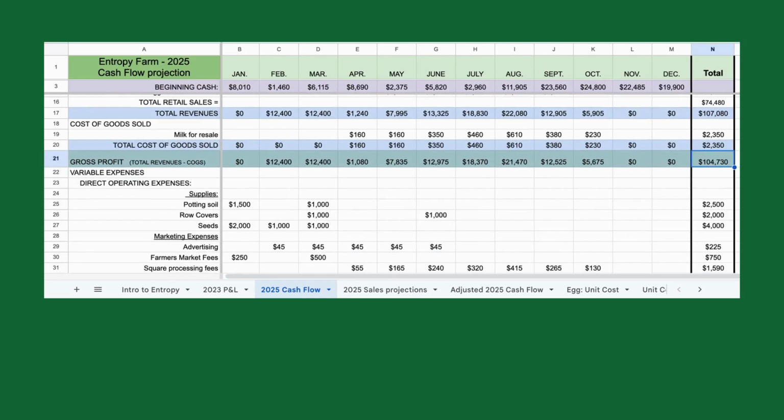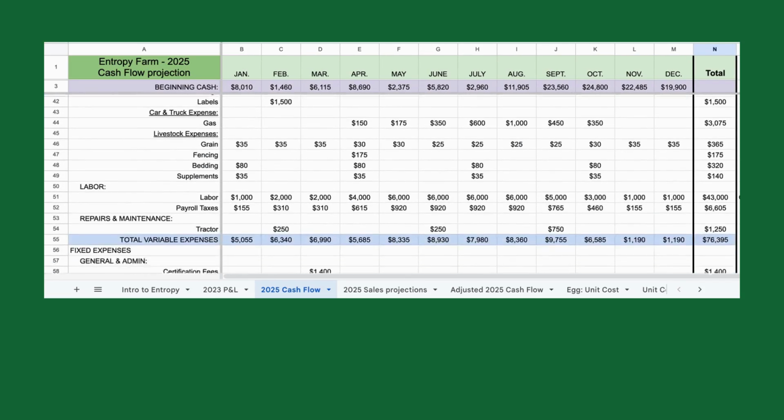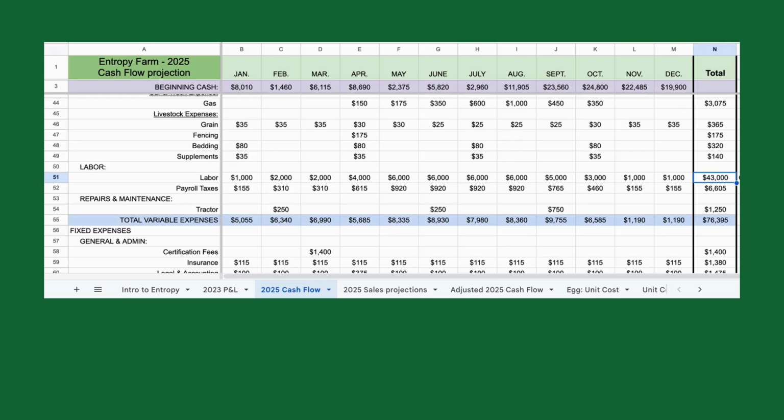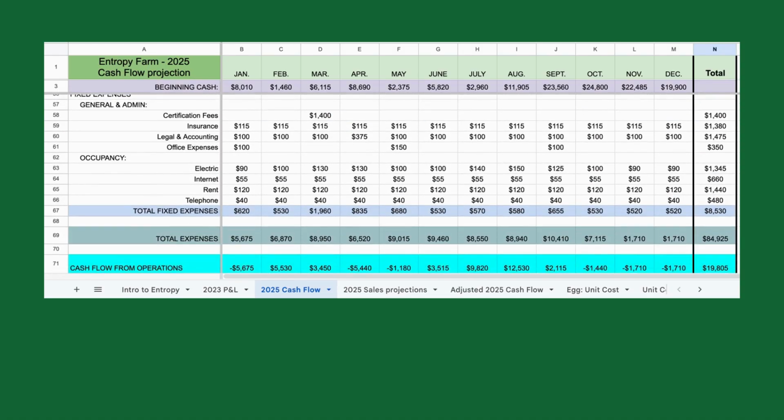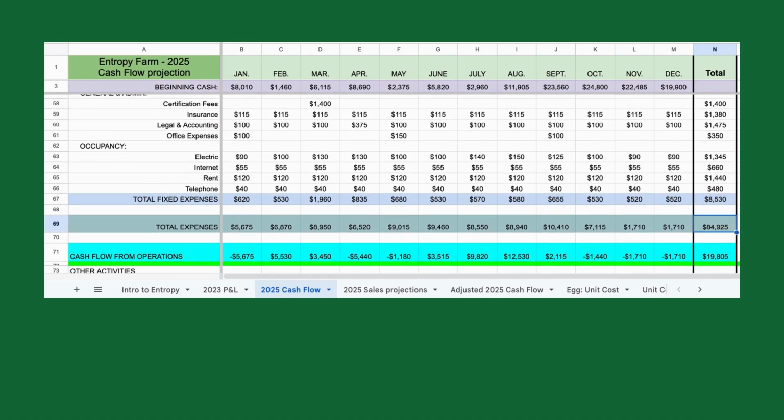And scrolling down through all their expenses, I wanted to note that they pay themselves as employees $43,000. And then all the way down, their total expense budget is $85,000. And that leaves them with about $20,000 as net profit or cash flow from operations. And that's from their core farm operation.